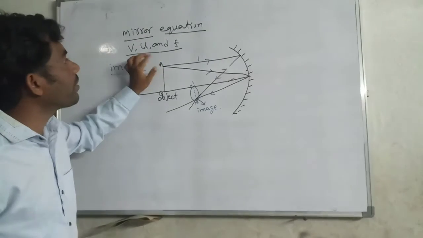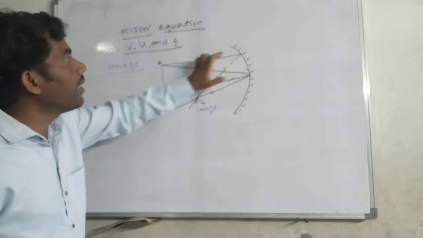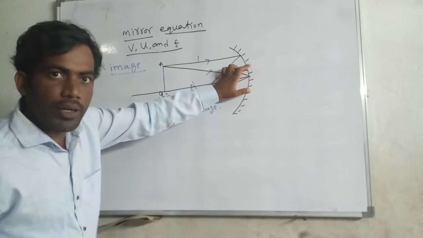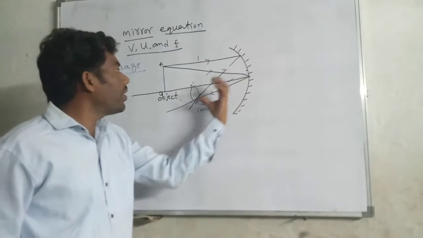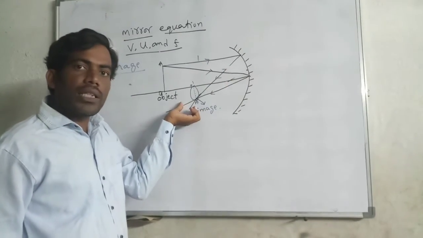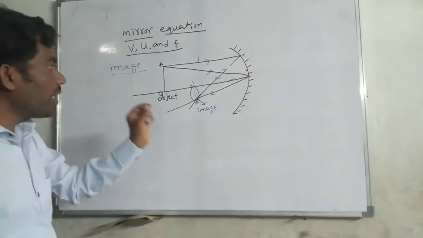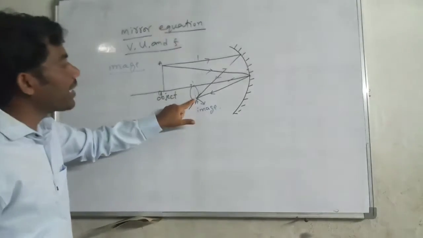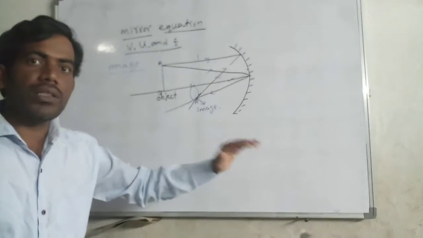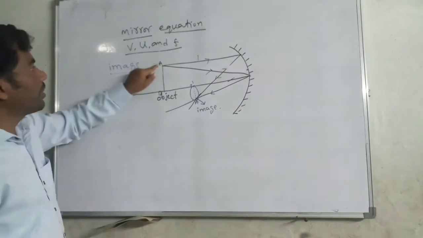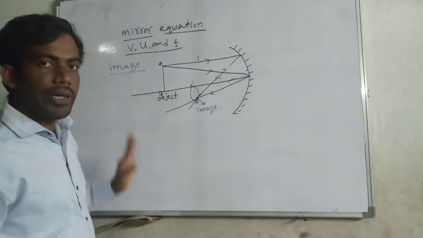From this object, the light ray is emitted, incident on the mirror, then reflected or refracted. It converges at a single point, and this point we call the image. This is the definition in physics.